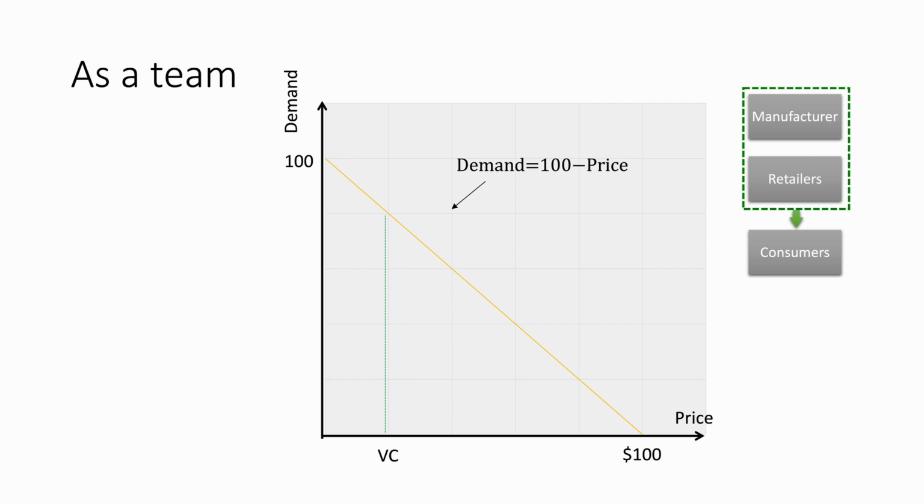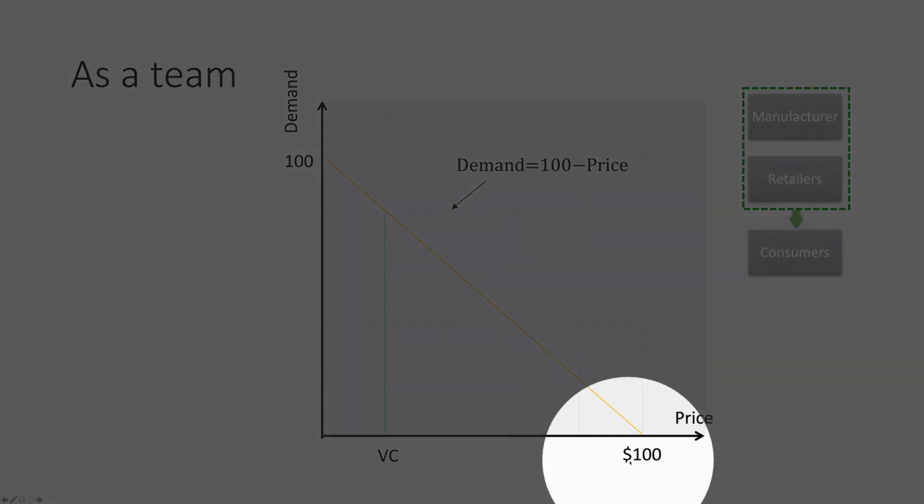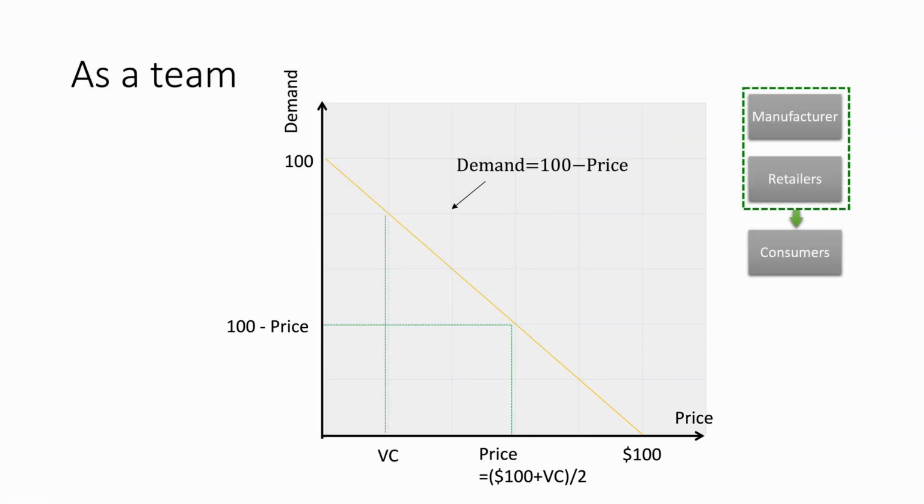Well, we have done this exercise before, so the optimal single price here would be the center between the variable cost and A divided by B, that is 100 here. So the optimal price is (100 plus variable cost) divided by 2, and the demand is 100 minus the price level. This whole green area is the total profit for the manufacturer and the retailer together.